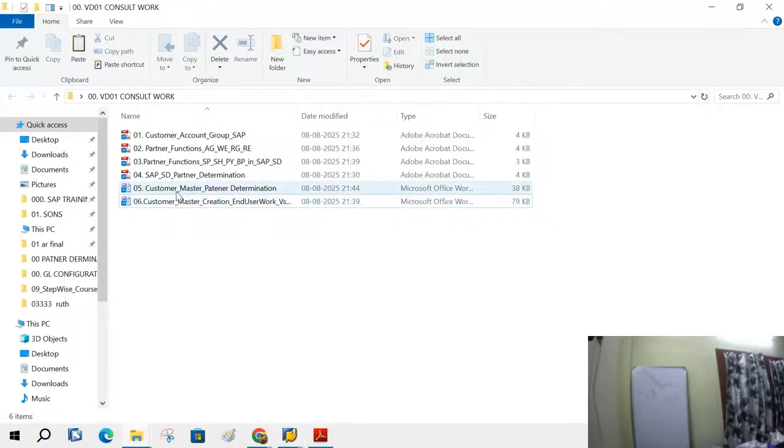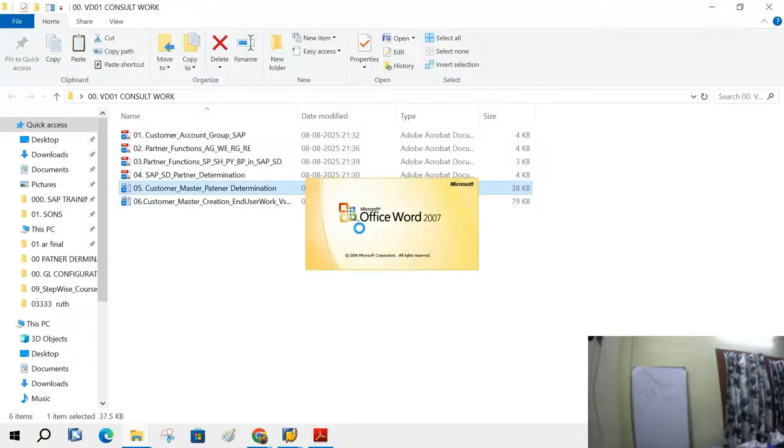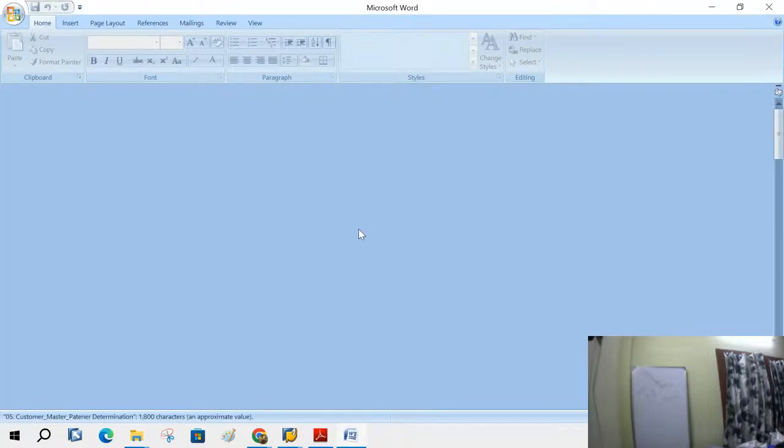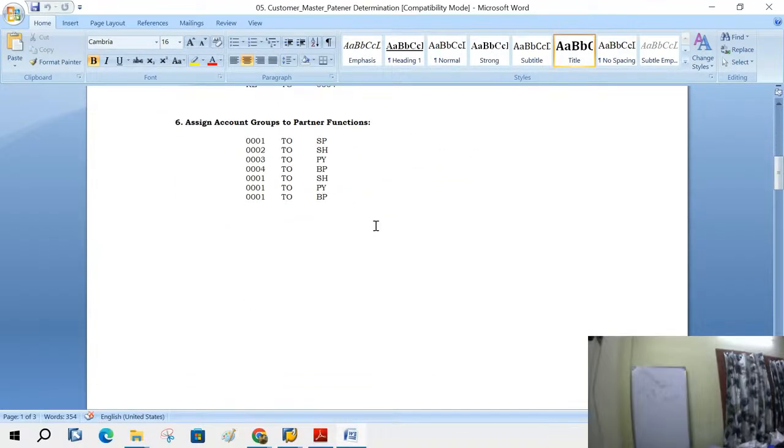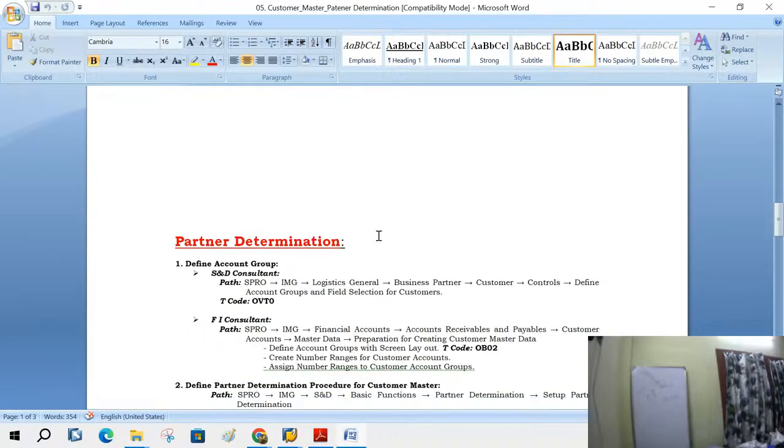And the other thing will be customer master data, partner determination. Correct? For the fourth tab, everyone has to know how many steps are involved in customer master data partner determination. They are 6 steps. Clear?